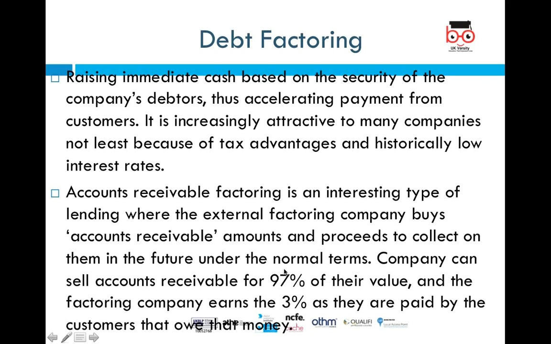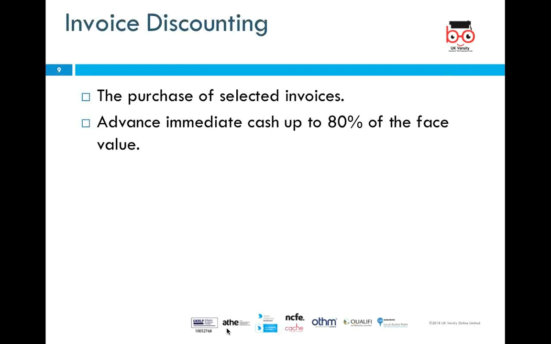If it is 100% of accounts receivable, the discount is 3%, so the company can sell it at 97% of the original value, and the factoring company earns the 3% difference as the customers pay. The customers owe that money, so the factoring company can collect the receivables later. The company can immediately sell their accounts receivable to the external factor to get money for their company. This is one example of debt factoring.